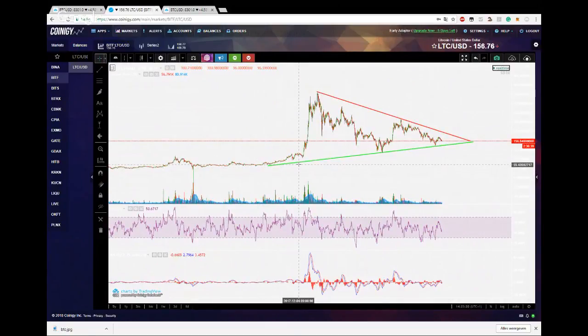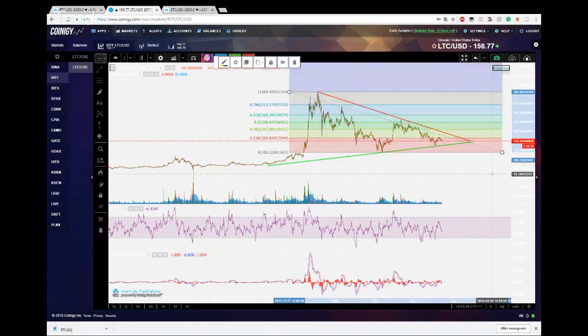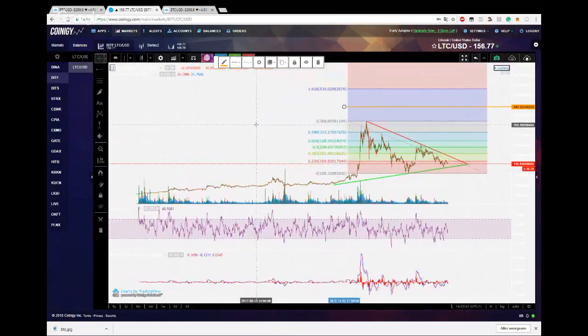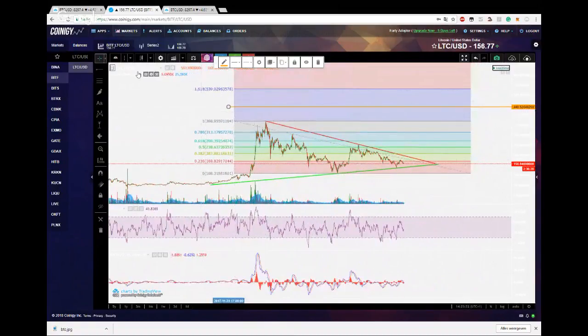And once we break out, I'm going to be super stubborn and I am going to stick to my target that is sitting at 440. Obviously, if it breaks up, Litecoin could also go to 530 because that's where the next extension should be. But if it breaks up, I am going to buy a ridiculous amount of Litecoins and just ride the waves.